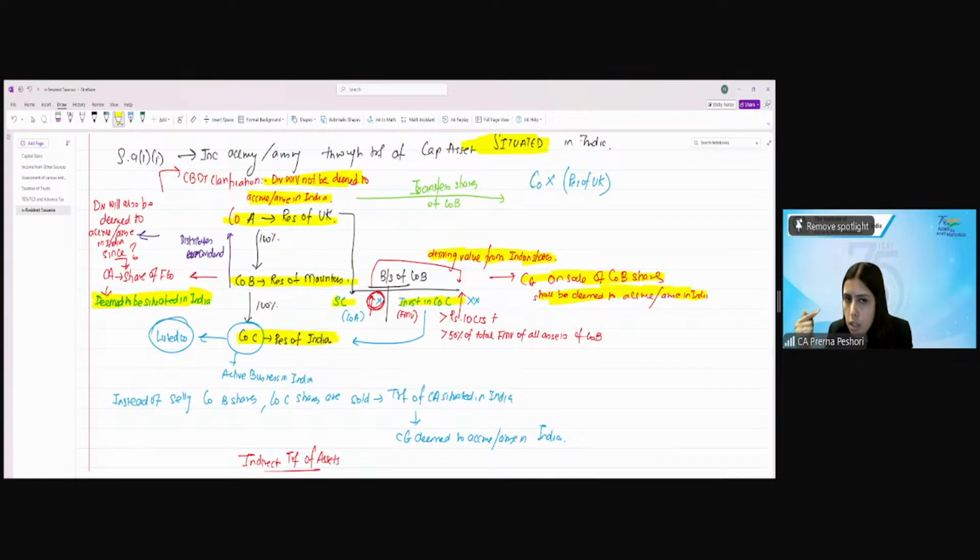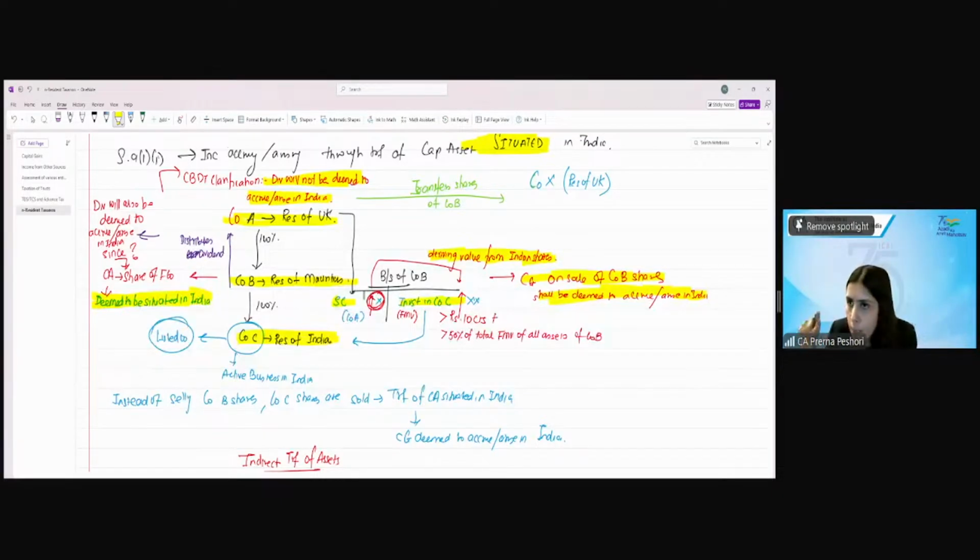Correct? So now, if the shares of Reliance or company C are growing, what will happen? Automatically, company B's shares will also grow because the market value of its investment will go higher and higher. Correct? So this side also will go higher and higher. Yes or no?